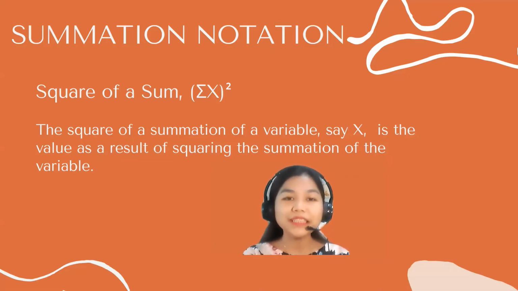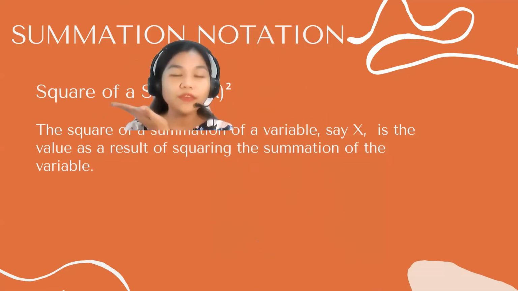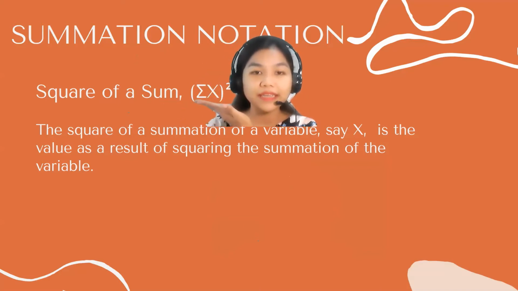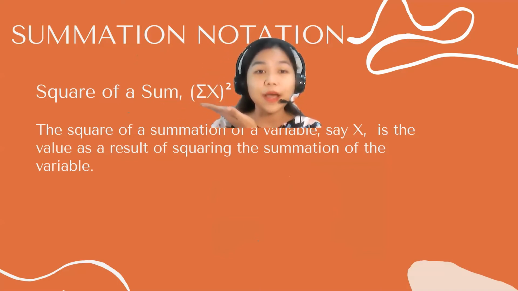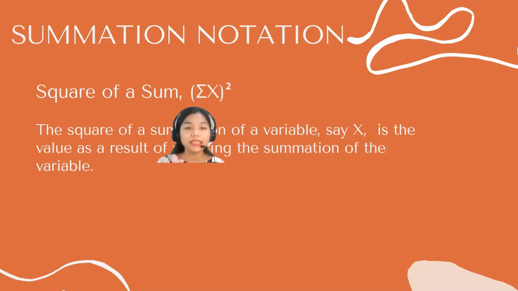So let's proceed now with the square of a sum. Notice that in sum of squares, we did not find the parenthesis, but in square of a sum, it's evident that parenthesis is present. So let's start defining square of a sum.